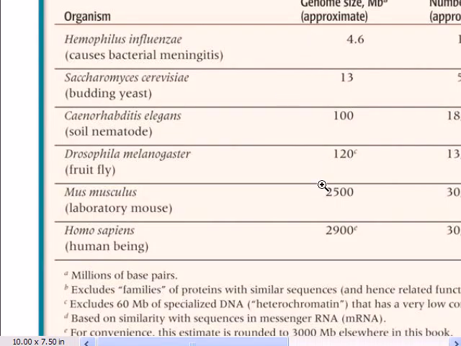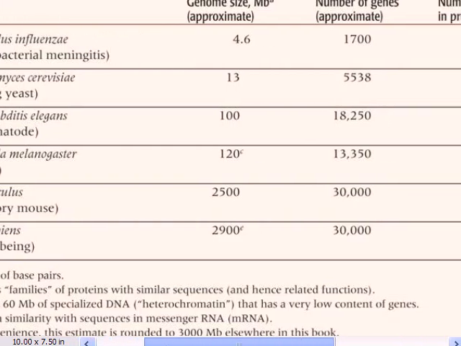As we can see, the genome size increases as we move from simpler unicellular organisms to simple animals to arthropods and then to mammals. And the number of genes also goes up.